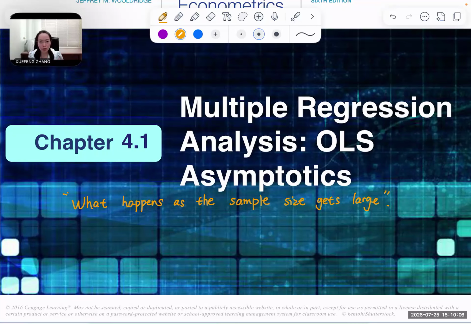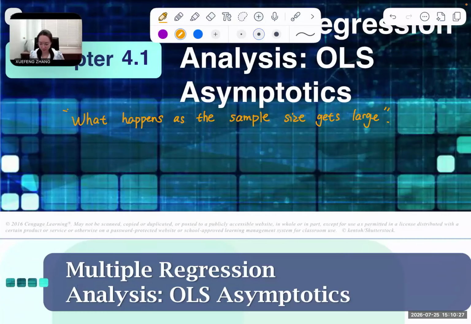Chapter 4.1 gives us approximate results, but under much weaker assumptions. This is why it's so useful in practice, since real-world data rarely looks perfectly normal. All right, so let's go slide by slide and build this properly.